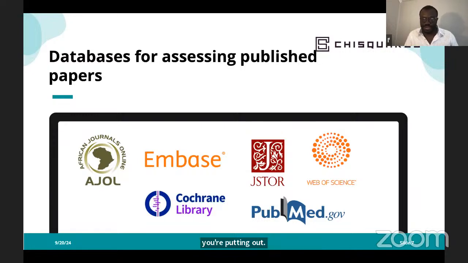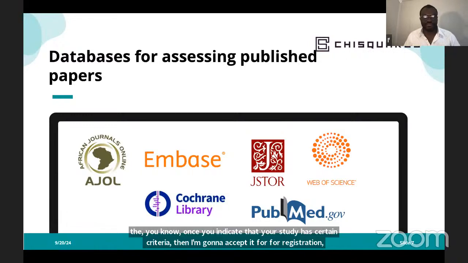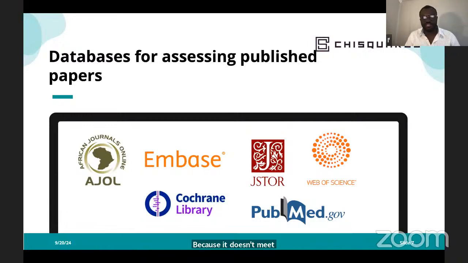Especially if you want to register your study in platforms like PROSPERO. Once you indicate that your study has certain criteria, they're not even going to accept it for registration because the study is deemed low quality, as it doesn't meet the minimum standards for a scientific approach. So that's why you want to be careful in how you do it.